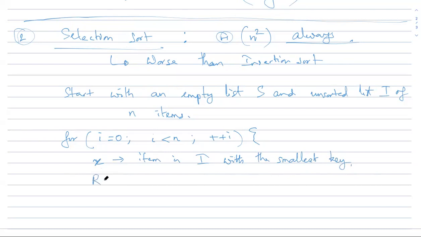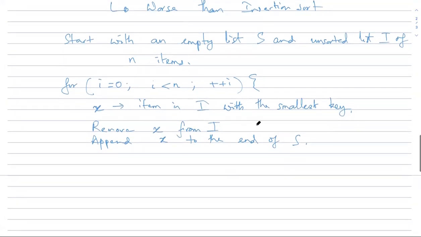So you remove x from I and append x to the end of S. So this process is essentially the selection step, where the name is coming from. So this is your selection step.